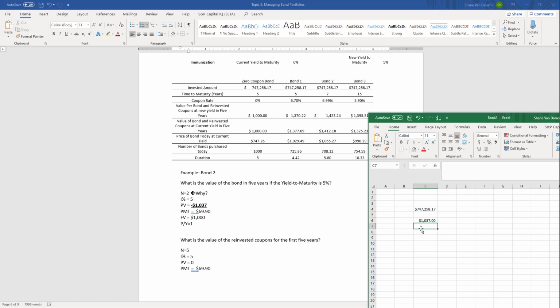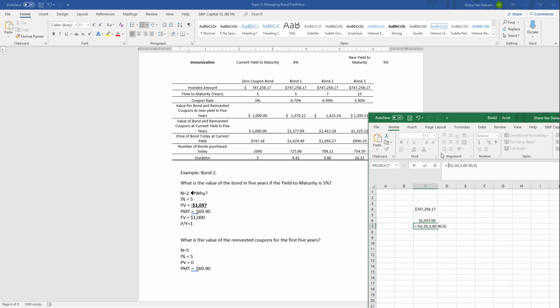So how much is the value of that cash? This is going to be equal to the future value. The rate is 5%. The number of periods is 5. The payment is $69.90. And there is no present value, because we didn't receive anything to begin with.